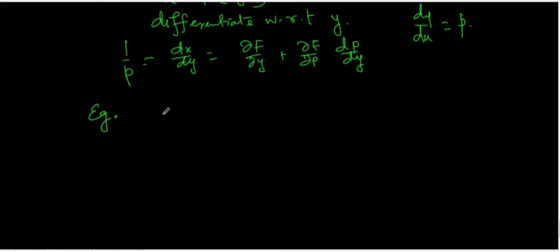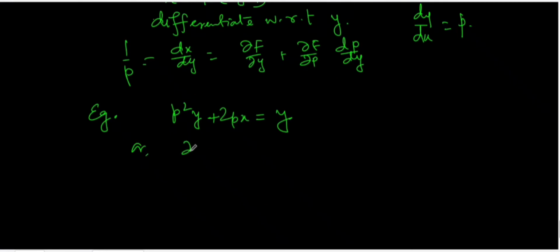The example is p squared y plus 2px equals y. Now see, this can be solved for p, and even for y, so no problem. We can solve this for x too.